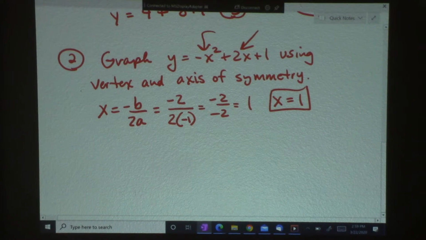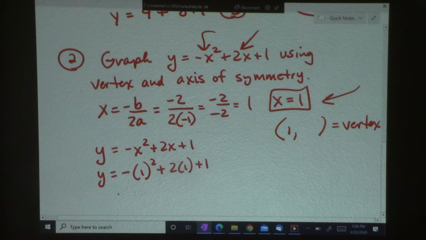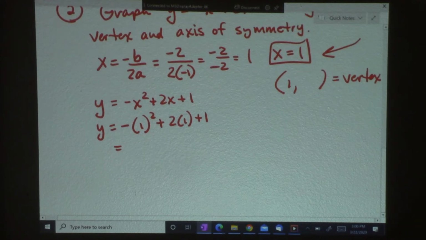Okay, so now I'm going to substitute. Remember, the axis of symmetry is also the x-coordinate of my vertex. So I'm going to substitute 1 into the equation. I'm going to rewrite it down here to find y. -1 squared plus 2 times 1 plus 1. Okay, so now be careful here.